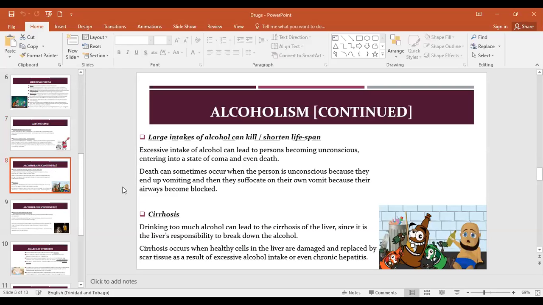Now, we know that alcohol is dangerous, and it really does shorten lifespan the more that you drink. The more that you drink, it can lead to unconsciousness, can drive you to a state of coma because of excess dehydration, and it can cause death.